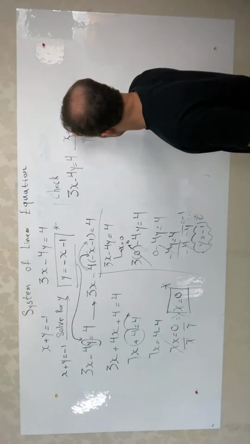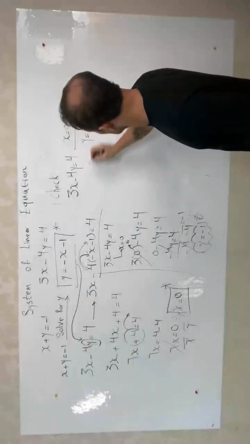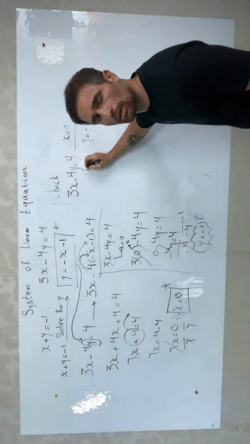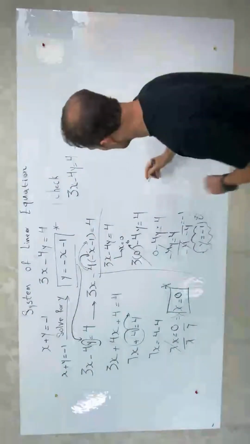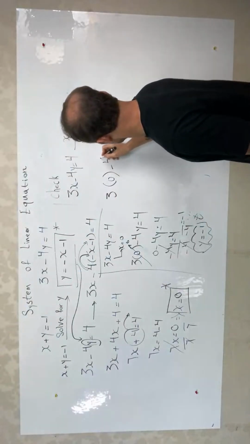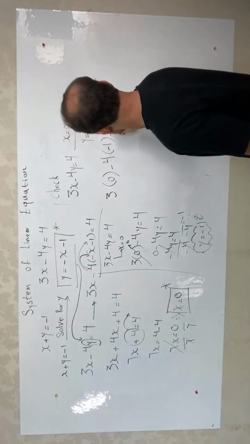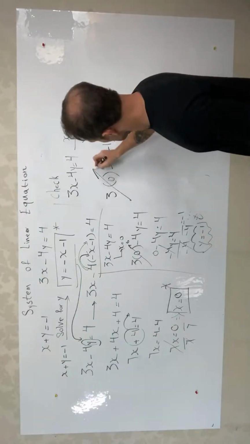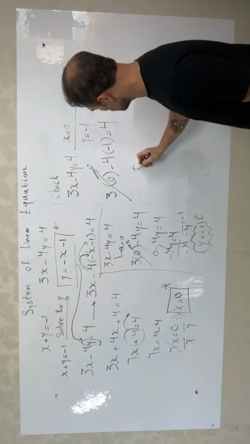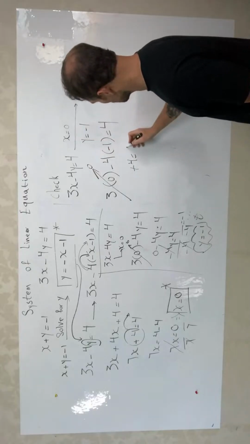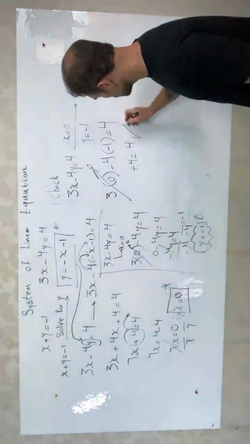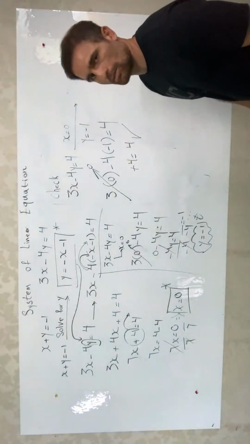To check our answer, 3 times 0 minus 4 times negative 1 equals 4. 3 times 0 is going to be 0. Negative 4 times negative 1 is going to be positive 4. On the left side, we have positive 4, and on the right side we have 4. Is 4 equal to 4? Absolutely yes. Our answers are checked.